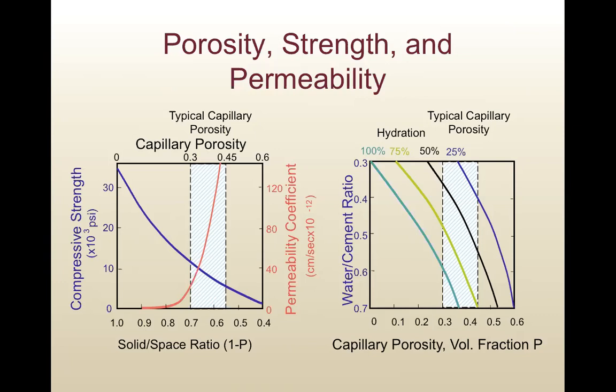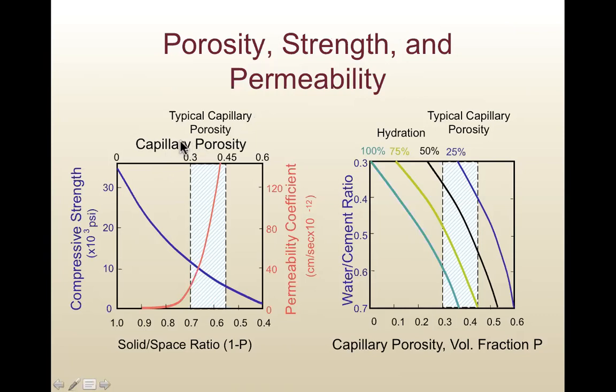The easier for water to transport inside the concrete, we say the concrete has higher permeability. Permeability is strongly correlated with concrete durability. The lower the permeability, the higher the concrete durability. So let's look at these two figures.